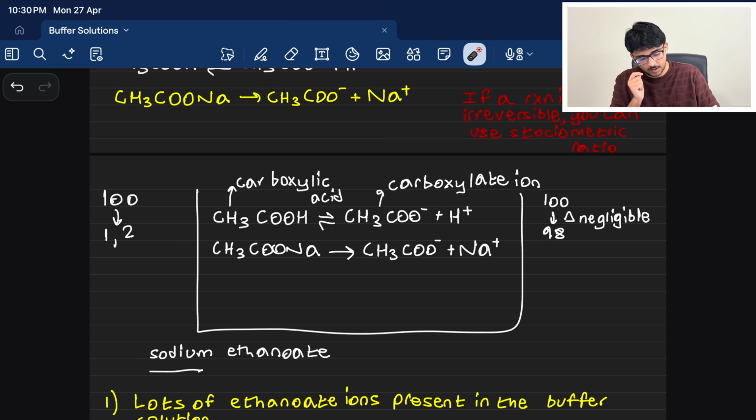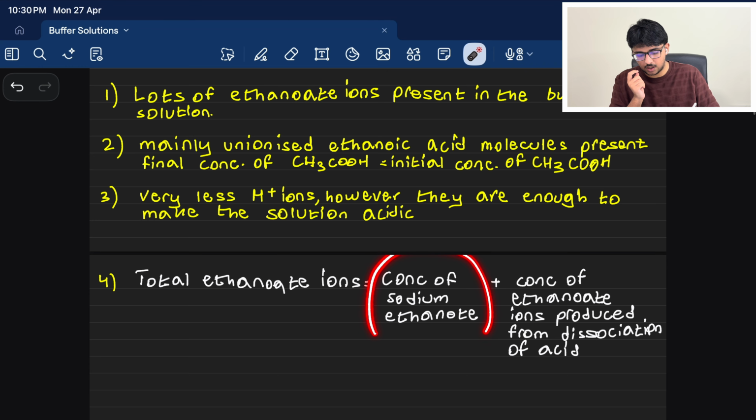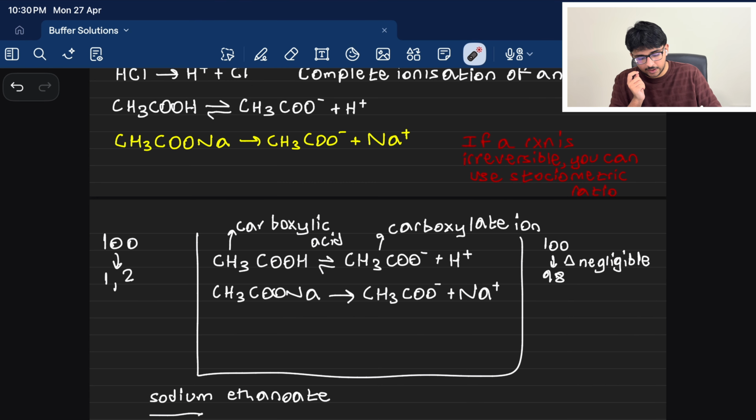Take a look at this again. There are two ways in this acidic buffer in which you are producing ethanoate ions: the partial dissociation of the acid and the complete dissociation of the salt. Now, we took this into account, right? We wrote that here. But we said that the change in the acid concentration is negligible, meaning 1 or 2 acid molecules dissociate.